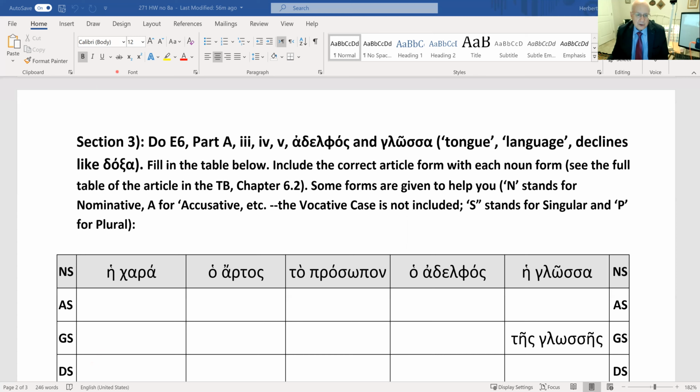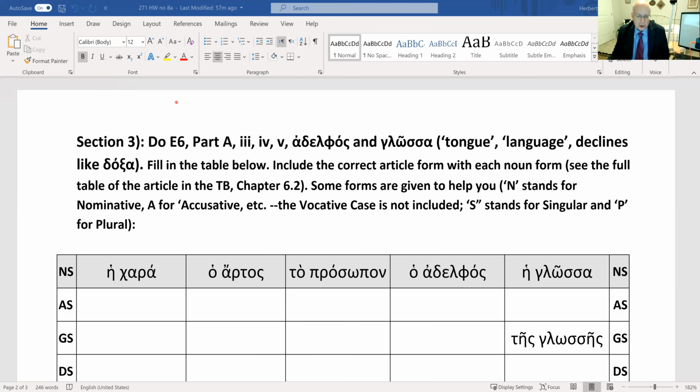Doxa, we just learned, is an alpha noun, but alpha, not alpha pure, it's not Old MacDonald. And just for good measure, doxazo is included because it's also used more than 50 times: I glorify, I praise, because this word comes from the verb form. Doxa, glory or splendor or fame. I glorify, I praise, doxazo.